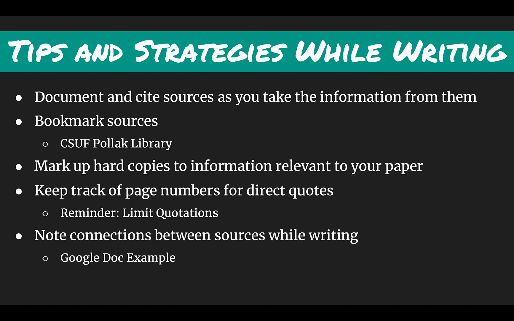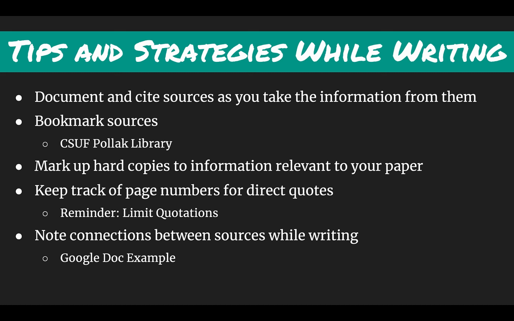Also, you want to note connections between sources while you're writing. Again, this saves you so much time after the fact, and it will aid you in the organization of the section. So I've mentioned before that the Google Doc is most often my strategy, where I make a Google Doc for my research, cut and paste the chunk of the research that fits what I need, or maybe an abstract.